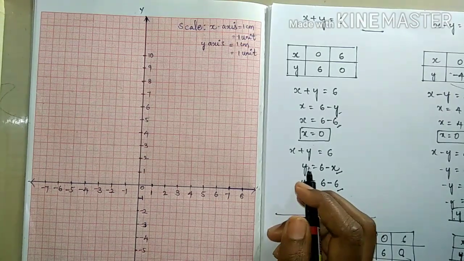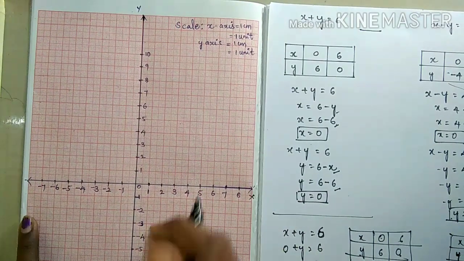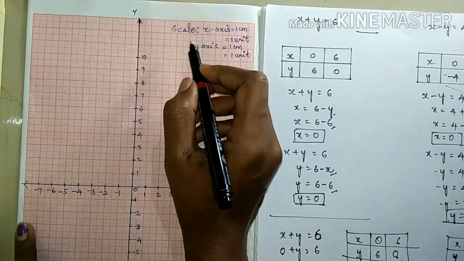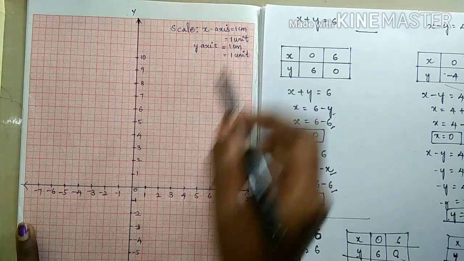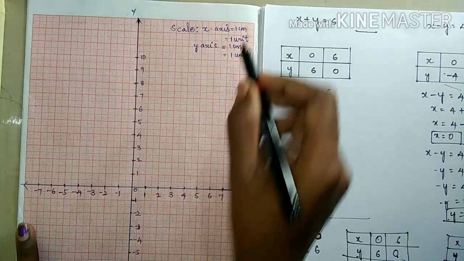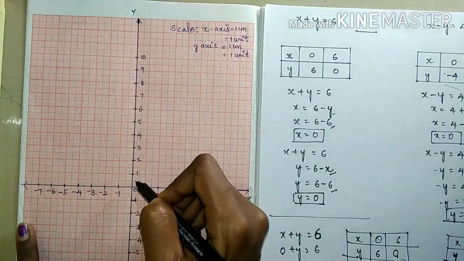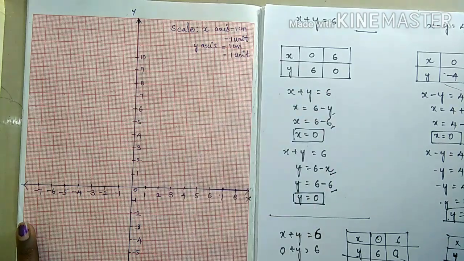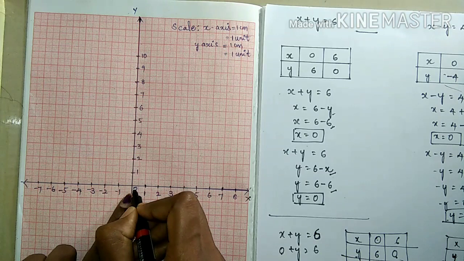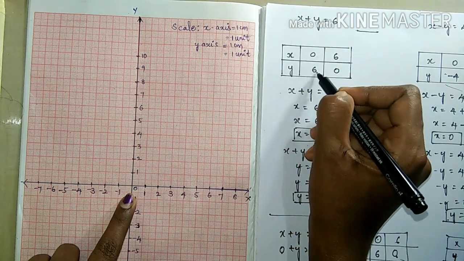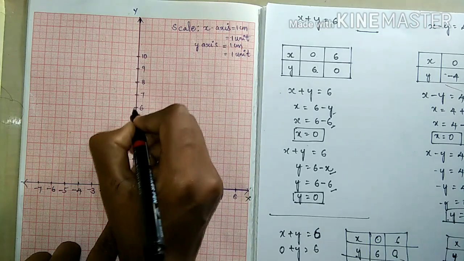Now we will mark the points. Here the graph is already ready to mark. Before drawing the graph, you have to write the scale. On the x-axis I have considered 1 centimeter is equal to 1 unit, and on the y-axis also I considered each 1 centimeter is equal to 1 unit. Now here the point is 0, 6. Here is 0, and on the y-axis we have to see 6.